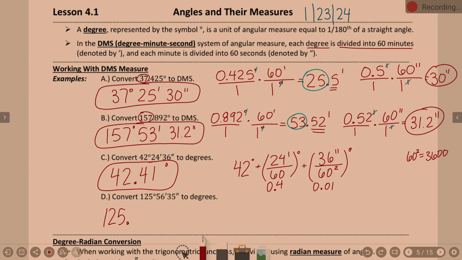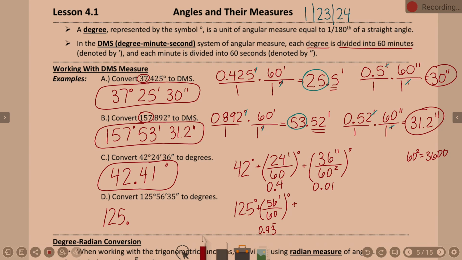So if you want to put it all in your calculator at once, you can, or you can do it in pieces. What do we do with 56 minutes? You're going to divide by 60, and that will turn into degrees. What is 56 divided by 60? 0.93 with the 3 repeating.